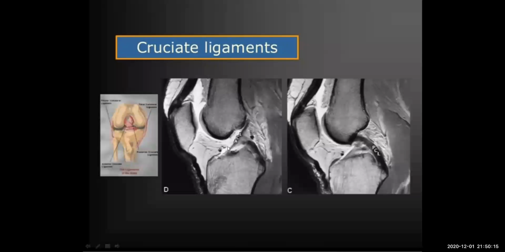Sometimes it can be a normal ACL, especially if you request an MRI early on, because with the edema from trauma there is usually fluid everywhere. So you can interpret a cloudy ACL as a complete tear. You need to sit on that acute injury and treat it conservatively for about 3 to 6 weeks.